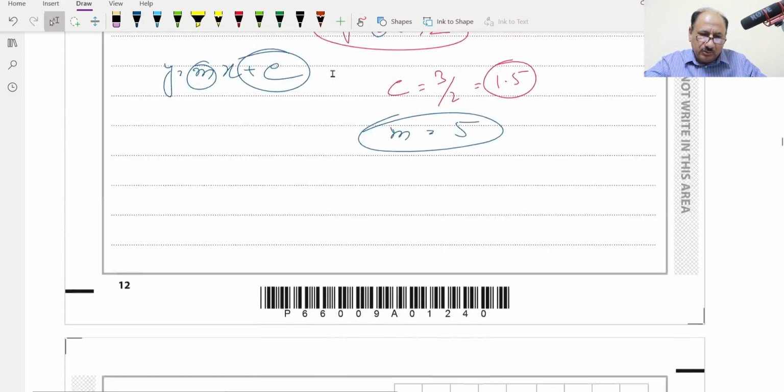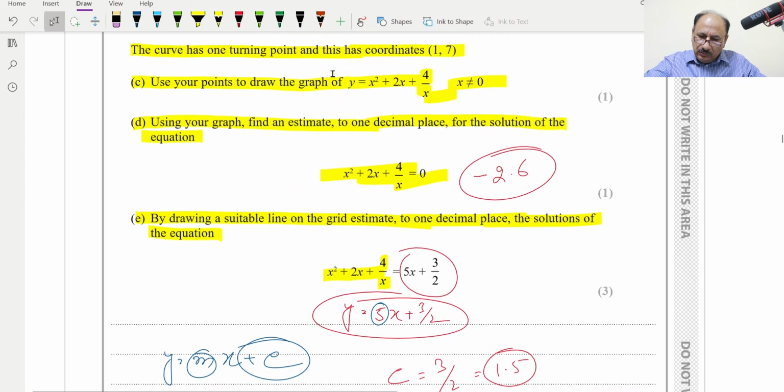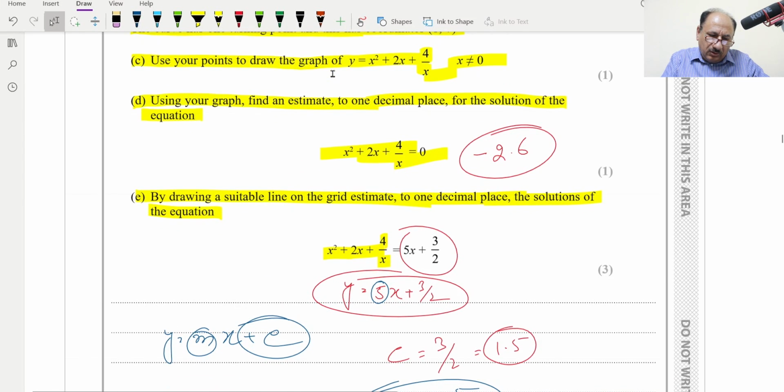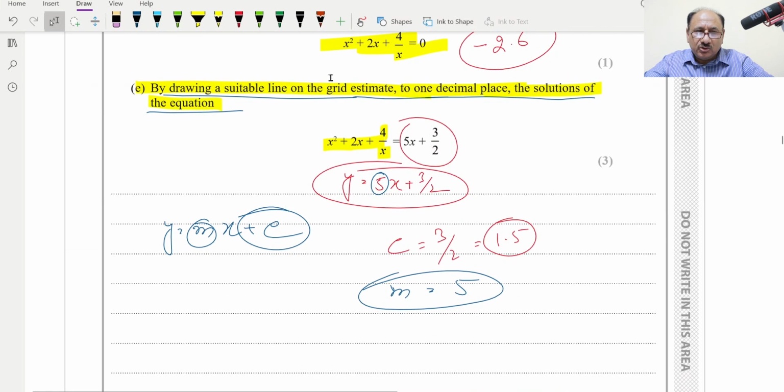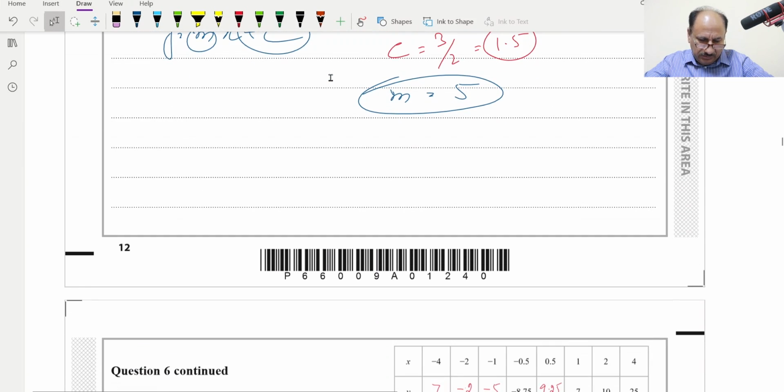Basically, if we go through the question again, they are saying by drawing a suitable line on the grid, estimate to one decimal place the solutions of the equations. So for E part we can write down the solutions of the equation over here.